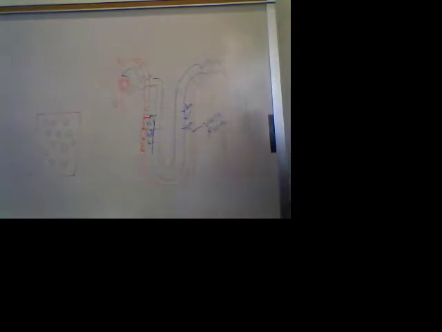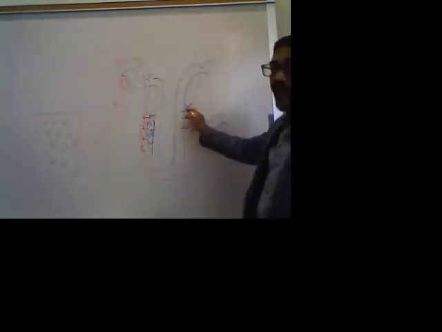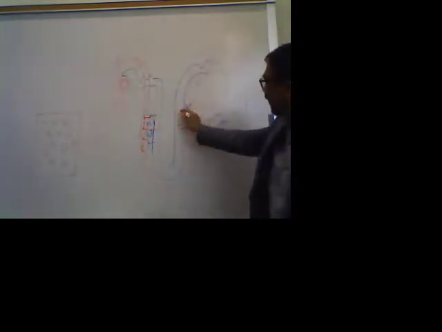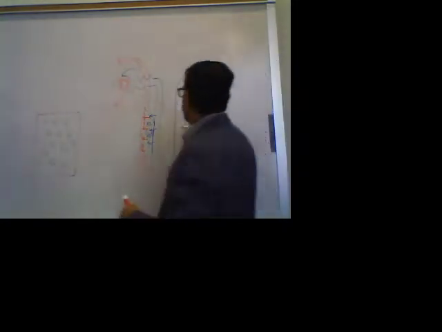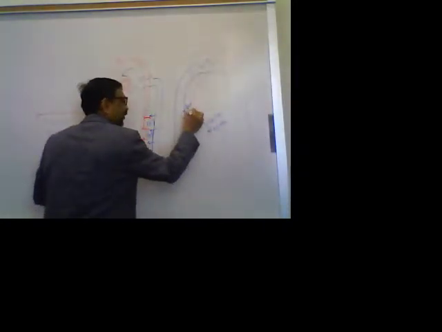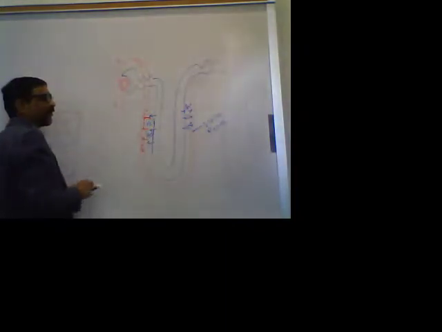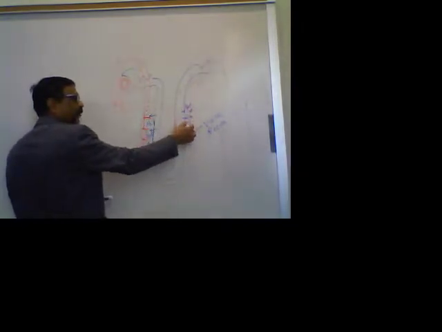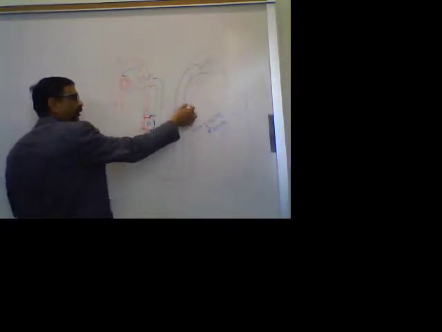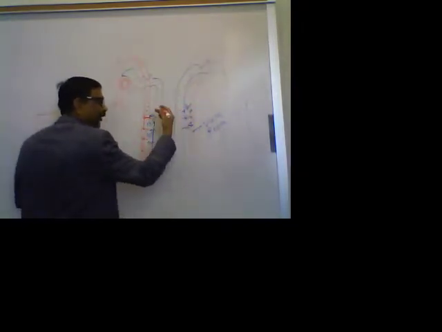Okay. Now let's see this part. In this part, sodium chloride and potassium are reabsorbed, right? And these solutes are also entering into the blood here. So the concentration of sodium chloride potassium will not increase in this part. So new sodium chloride potassium can get out.